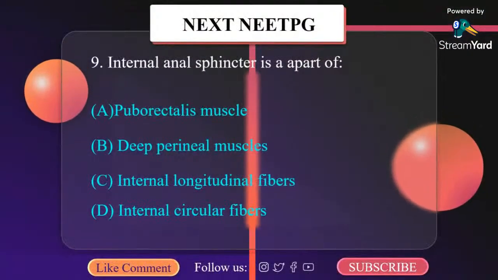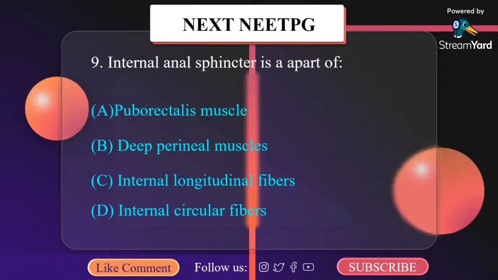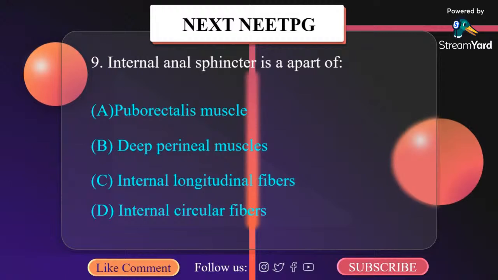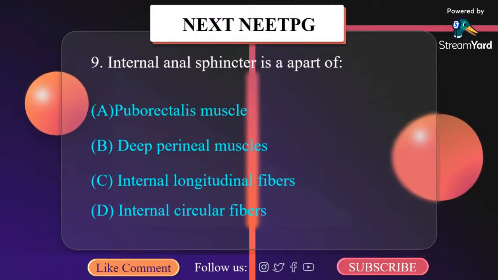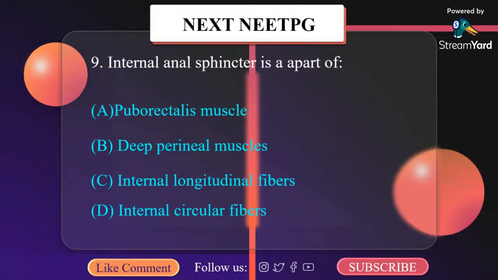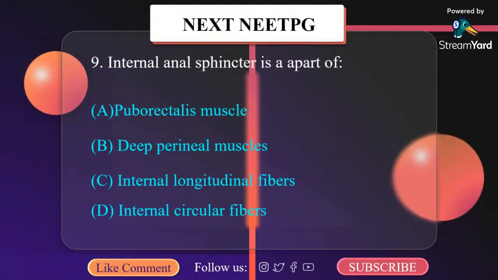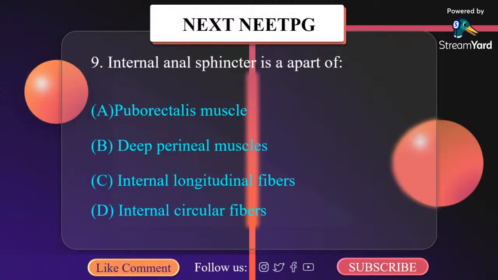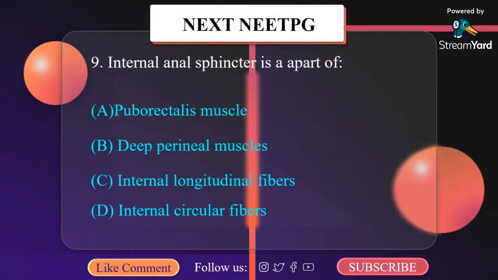Internal anal sphincter is a part of: A. Puborectalis, B. Deep perineal muscle, C. Internal longitudinal fibers, D. Internal circular fibers. Now, the involuntary internal anal sphincter is formed by thickening of the circular muscle layer, that is the circular layer of muscularis externa, a smooth muscle of the upper end of the anal canal.